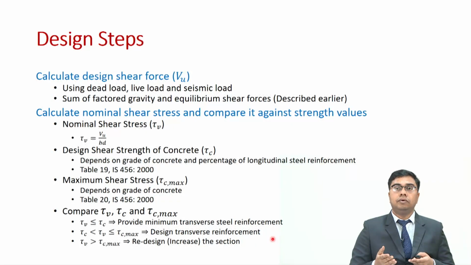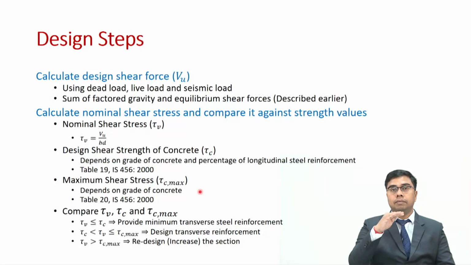We will see how we will design it, and if your tau v, that is demand, exceeds the tau c max value, then we say that this section is inadequate in shear and you need to redesign the section. You need to increase the depth or width of the section to obtain a higher shear capacity of the section.